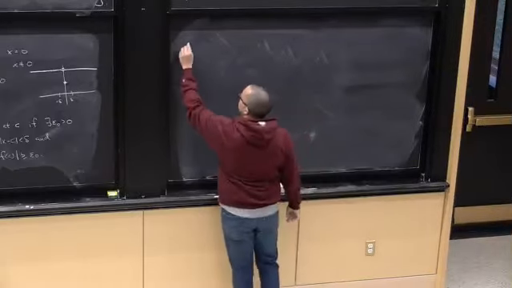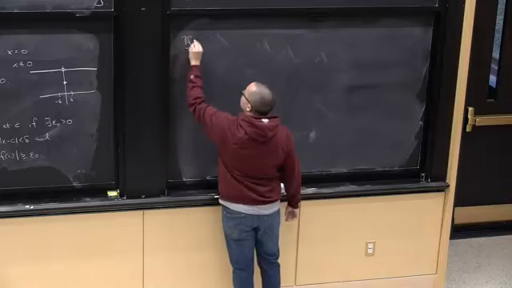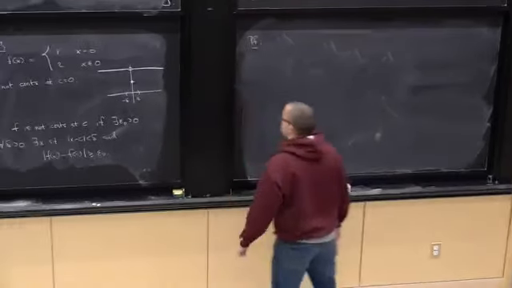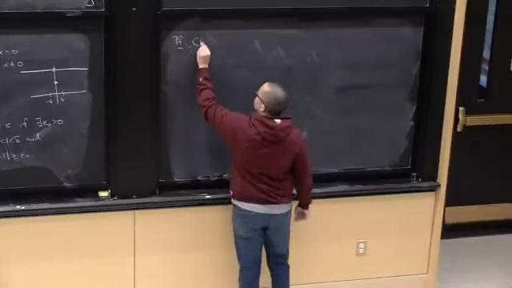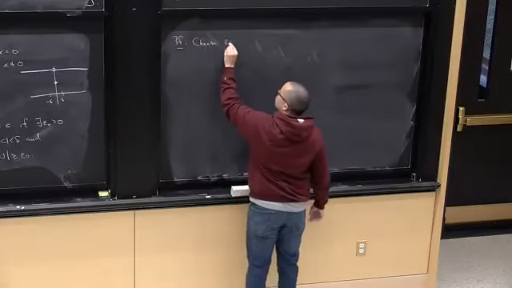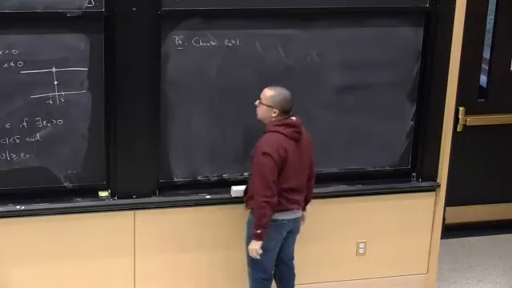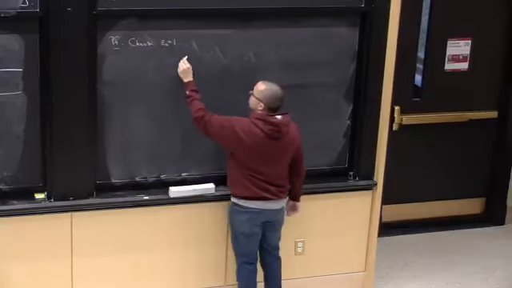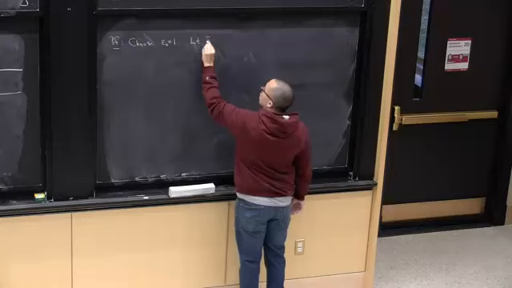Okay, so now we want to prove that this function here is not continuous at 0. So I ought to tell you what the bad epsilon is. Choose epsilon 0 equals 1. Now we have to show this bad epsilon 0 is indeed bad. Let delta be positive.